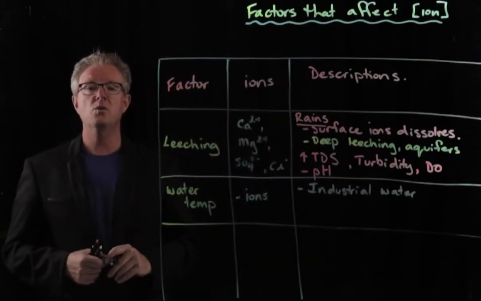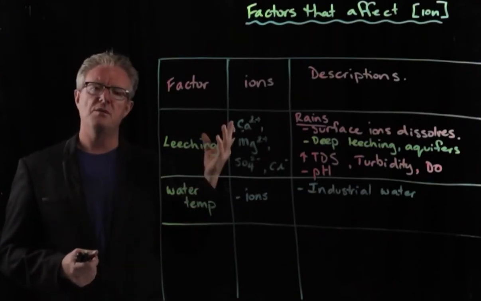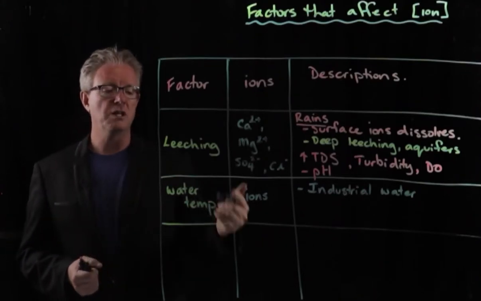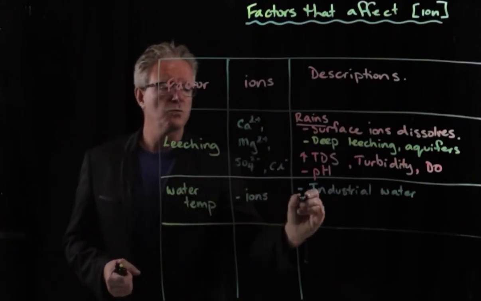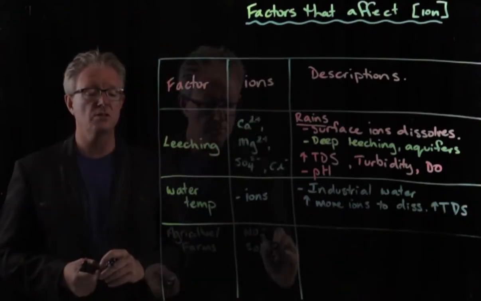So with industry, sometimes they use water in their cooling systems, and if that hot water is released into the local water body, it will increase the temperature of the water. That will cause more ions to dissolve, therefore increasing total dissolved solids.